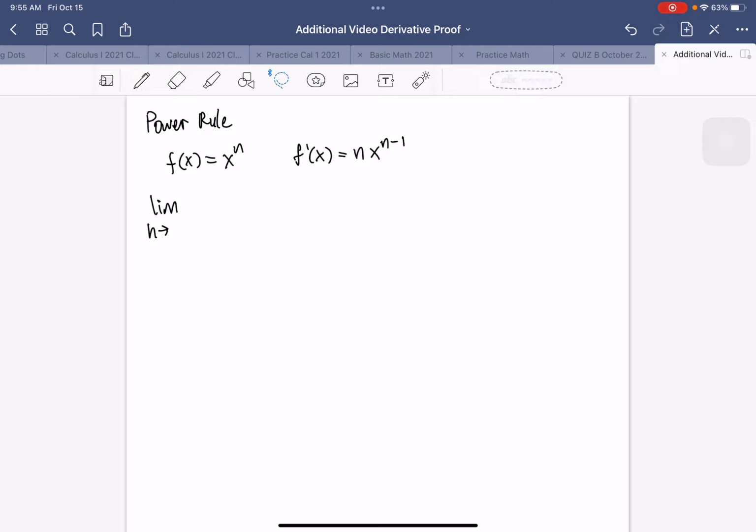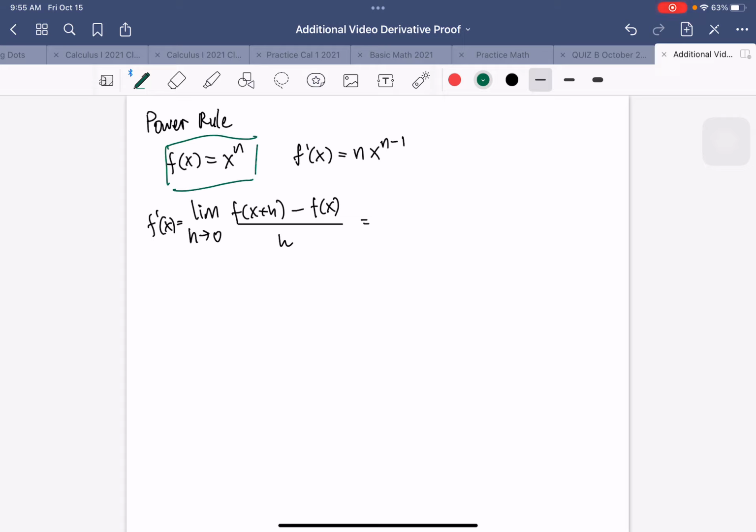Now let's see what we can do if we have the limit definition. Let me write here. This is the definition of the derivative with a limit. So let me write this down first. We start with f of x is x to the power of n.